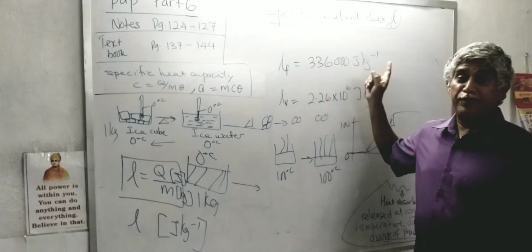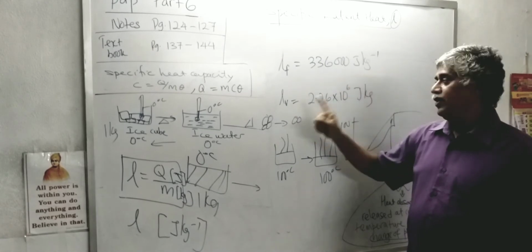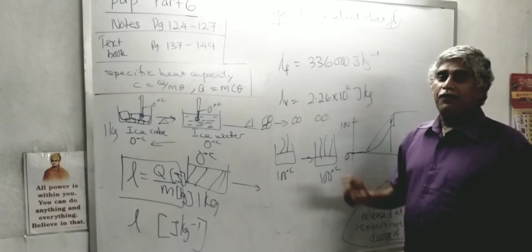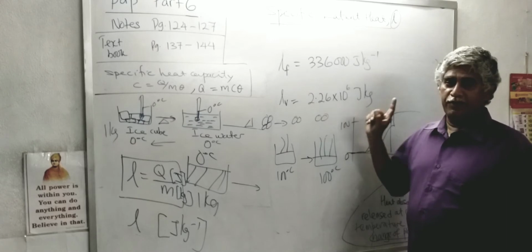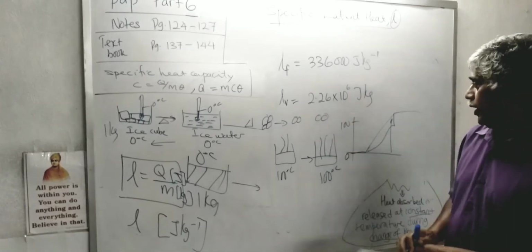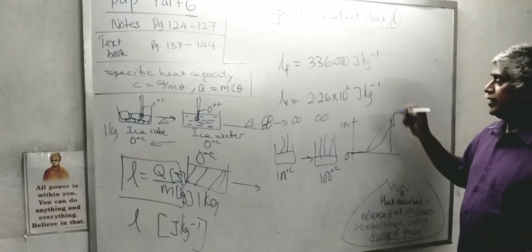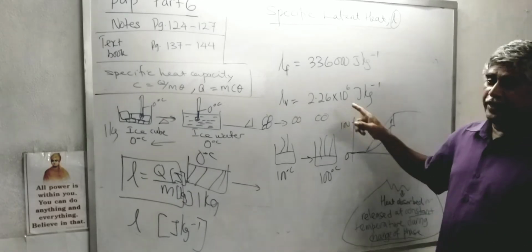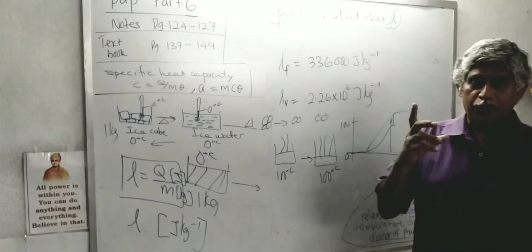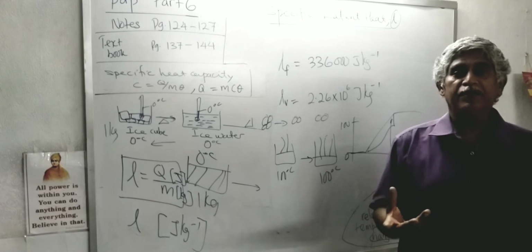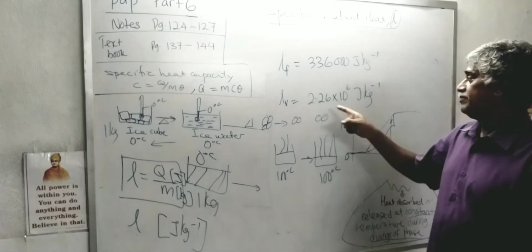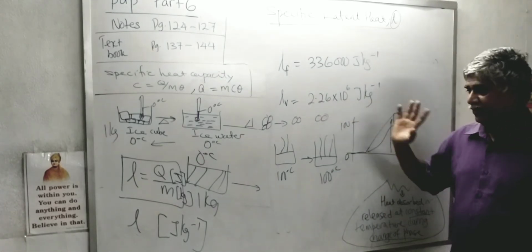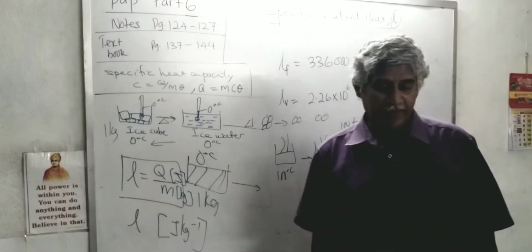They also like to ask the meaning of latent heat of vaporization. You have to explain: the amount of heat required to change 1 kilogram of water to become steam without change of temperature.